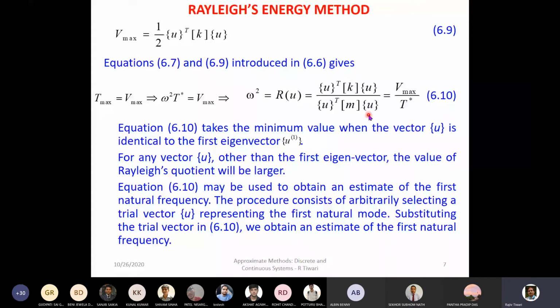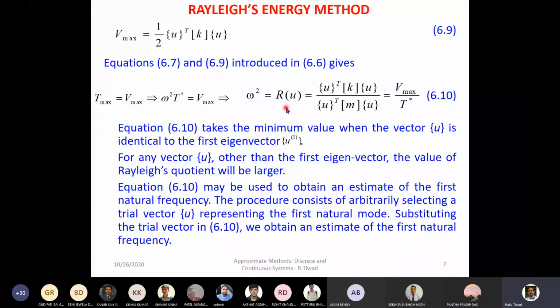If we go back to the continuous system, we represented the Rayleigh quotient in terms of the eigenvalue problem. In the subsequent lecture, we'll see the similar Rayleigh quotient using the kinetic energy and the potential energy, which we'll derive for the continuous system, but this is for the discrete system. Now in this Rayleigh quotient, energy quotient, if we use U as, let us say, the first eigenvector, we expect this ratio will be equal to the first eigenvalue.